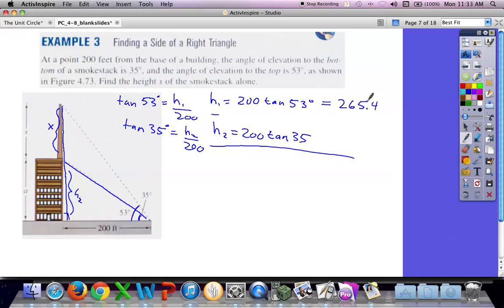And h2 will be 200 tan 35, which looks like 140 even. So when I subtract, I'm going to get 125.4. Right, that is the height of the smokestack.